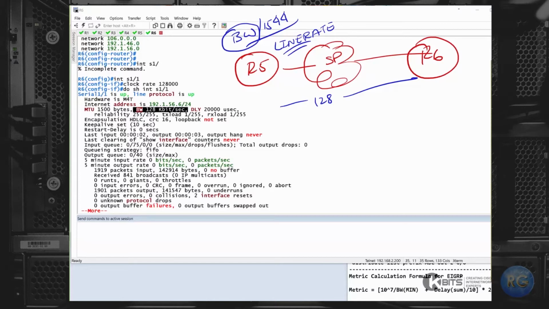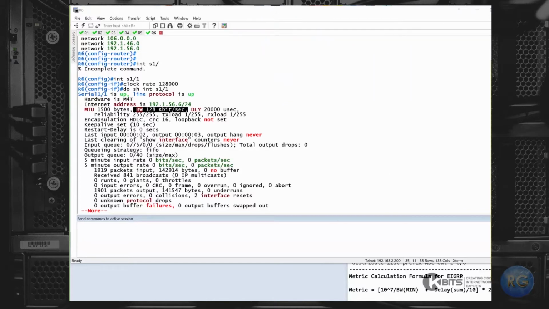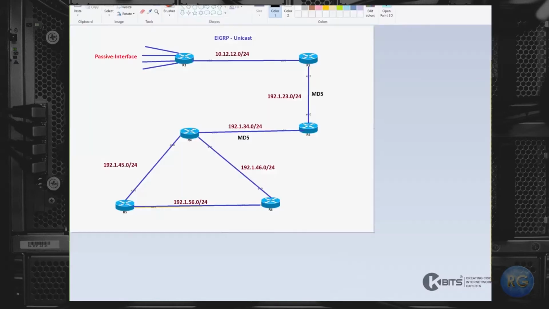The reason I'm stressing that is when you look at your metric calculation formula, if you do not go manually on router 5, router 6, or for that matter router 4, and go under the interfaces in real life and set the bandwidth to match the line rate, what's going to happen?